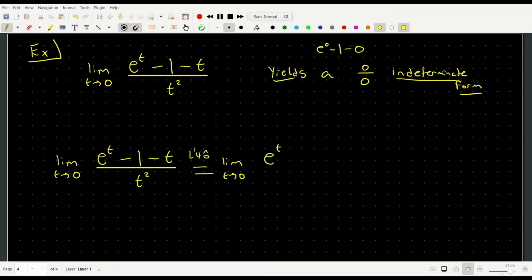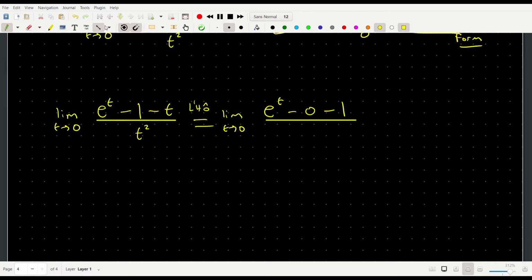That's the defining property of the exponential function. The derivative of 1 is 0, and the derivative of t is 1. So the derivative of our numerator function is this, and the derivative of our denominator function is the derivative of t squared, which is 2 times t.